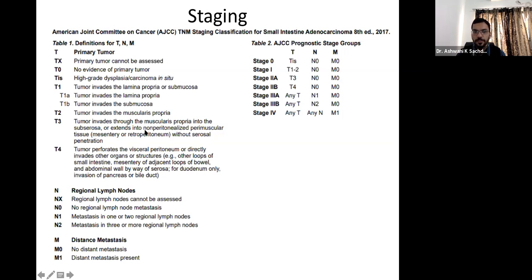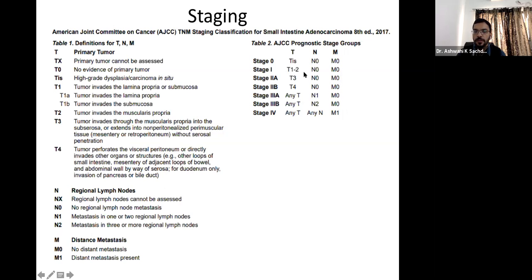T2 is invading the muscularis propria. T3 is invading into the subserosa and the non-peritonealized perimuscular tissue, and T4 if it is involving other organs. With regard to nodes, 1 or 2 lymph nodes is N1 and 3 or more lymph nodes is N2.